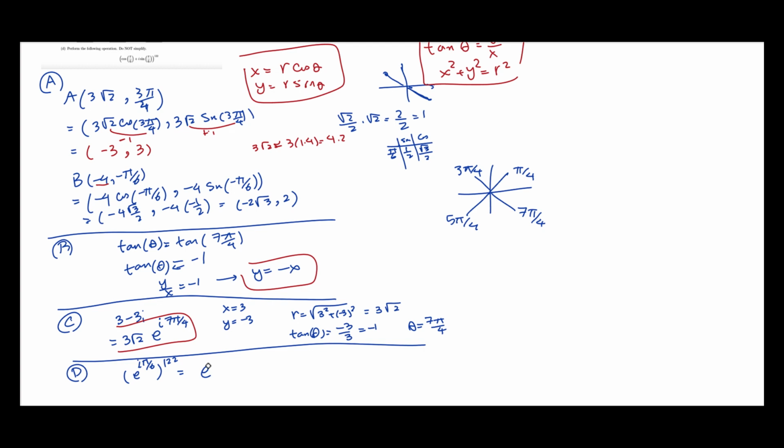So it's going to be e to the power i times 122 pi divided by 6, or the other format of that is cosine of 122 pi over 6 plus i sine of 122 pi over 6. So it makes the multiplication much easier.